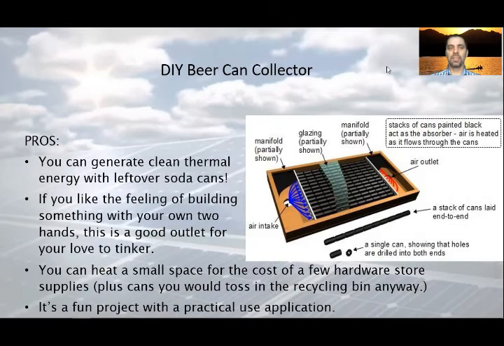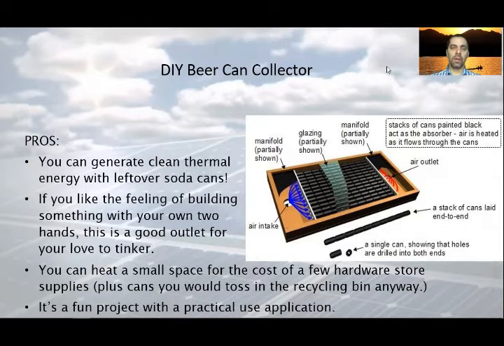Here you can see a DIY solar wall collector. The beer can solar heater is easy to make as well as eco-friendly. You can heat your home and lower your heating bill with an easy-to-build solar heater made out of empty beer cans, cardboard, and cellophane wrap.